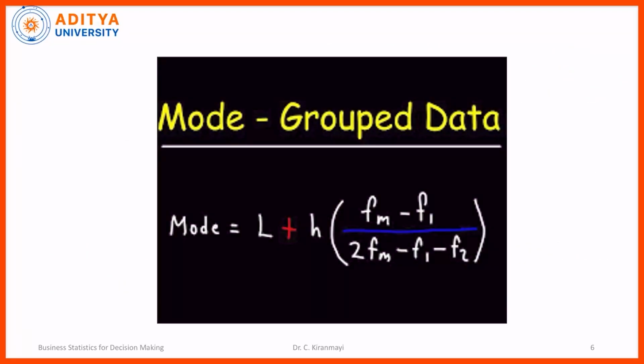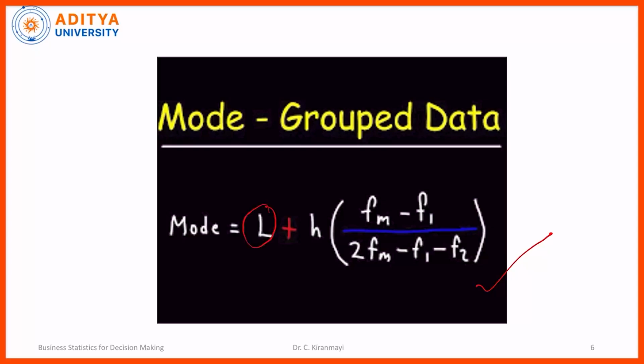And the case of grouped data is already discussed. Grouped data means the data is grouped into class intervals. If we find class intervals in a frequency distribution, it is called grouped data. In the case of grouped data, this is the formula we can use to compute the mode value.